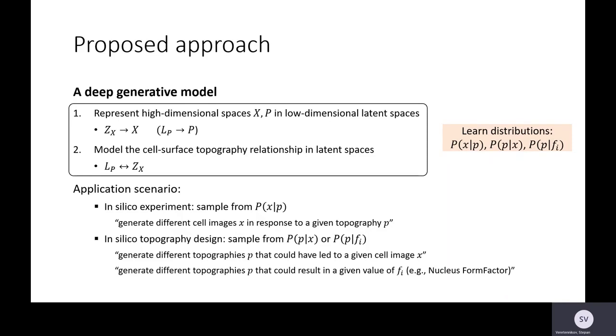Here we would like to sample from either the probability of P given X or of P given Fi. And the queries are as follows. Generate different topographies P that could have led to a given image X. And secondly, generate different topographies P that could result in a given value of Fi, for example, nucleus form factor.